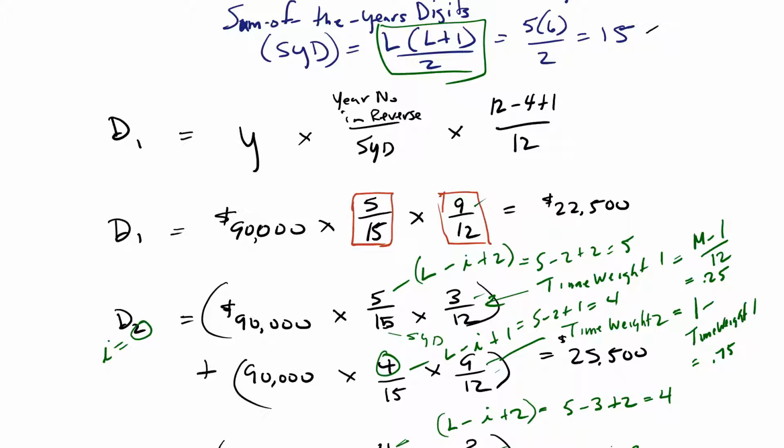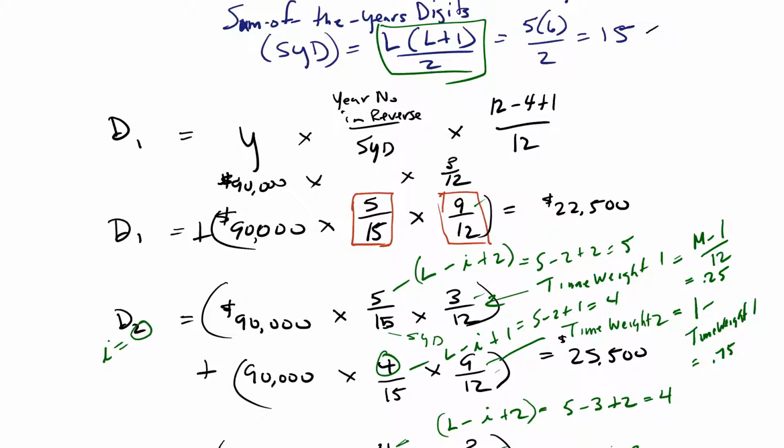Now, so that we don't have to calculate the depreciation in a different manner for year one than for year two, we could create a scenario where the entire calculation has us taking 90,000, multiplying by some fraction, then multiplying by 3 over 12, and adding that to the second calculation.